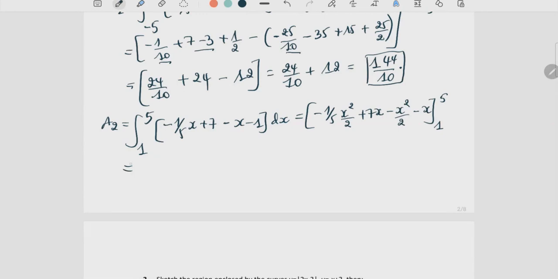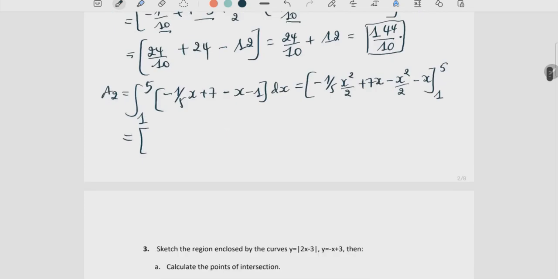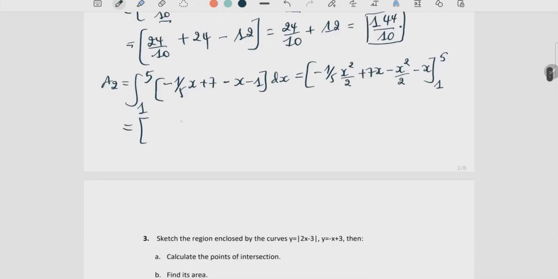And this will give you, if you evaluate the top, you have negative 25 over 10 plus 35 minus 25 over 2 minus 5, minus 1 minus 1 over 10 plus 7 minus 1 over 2 minus 1.